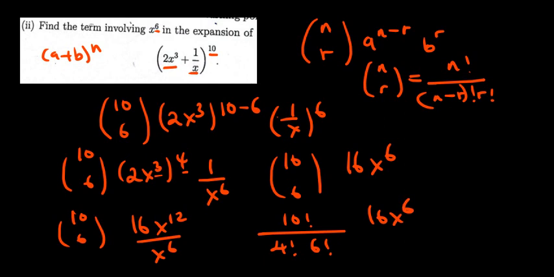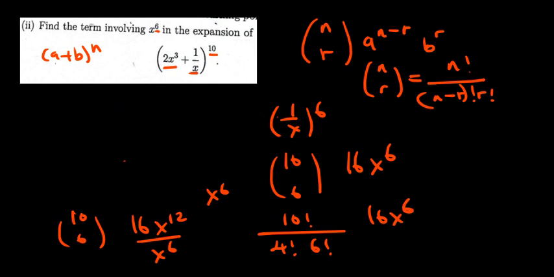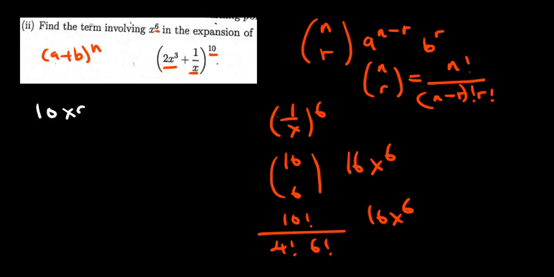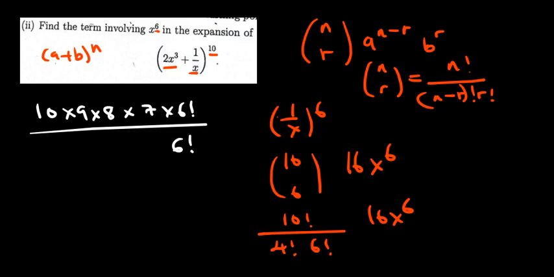From here, I can write my 10 factorial as 10 multiplied by 9, by 8, by 7, and by 6 factorial. So I have a 6 factorial in the denominator. Then I can write my 4 factorial as 4 by 3 by 2 by 1.